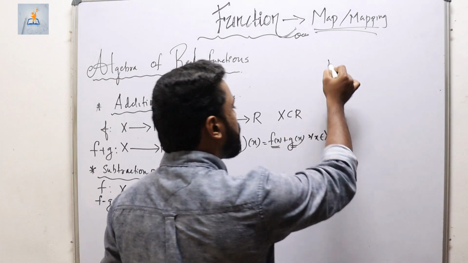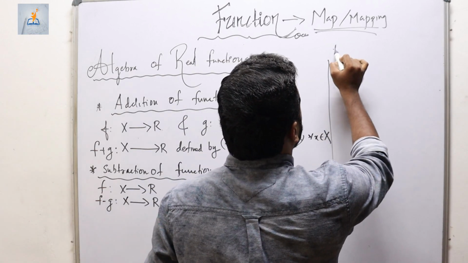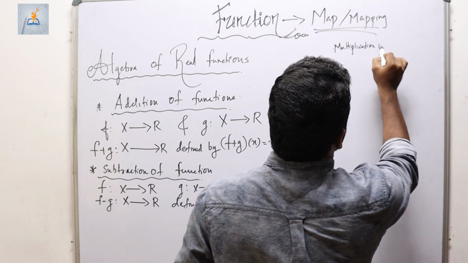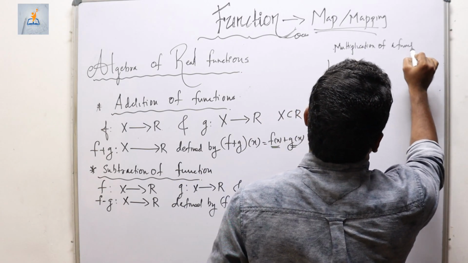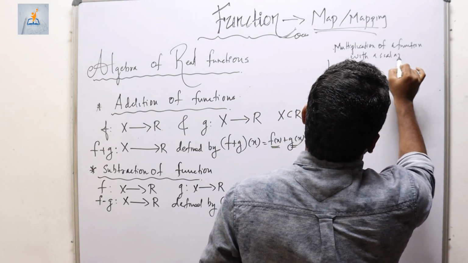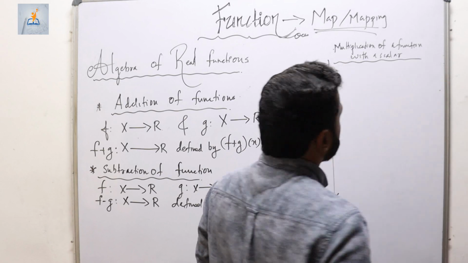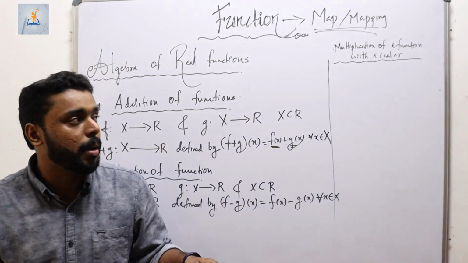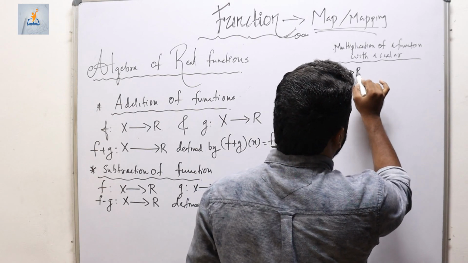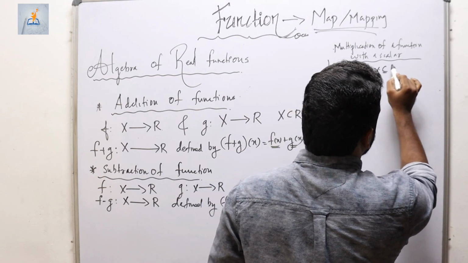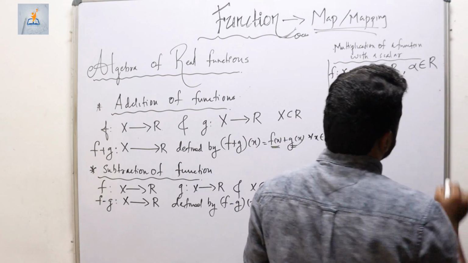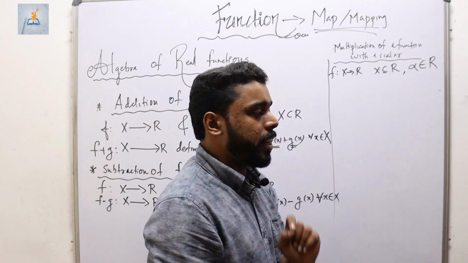Now we shall see multiplication of a function with a scalar. See, here we mention scalar. Scalar means any real number. Suppose that f is a function from X to R and X is a subset of real numbers, and alpha is any scalar, which means that alpha is any real number.